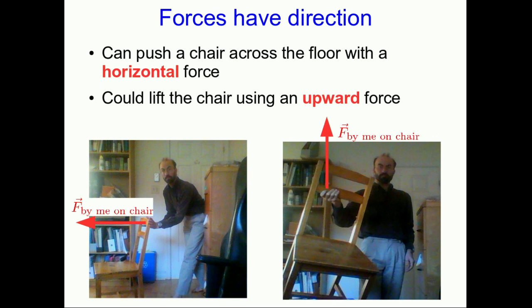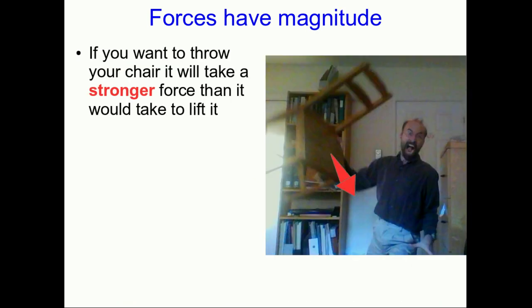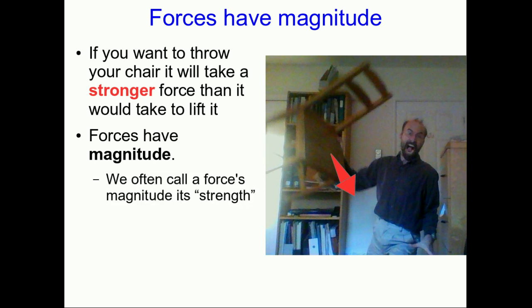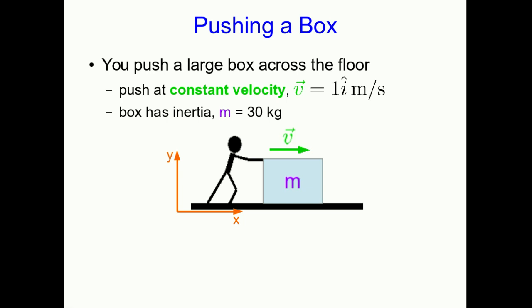But magnitude, or the strength of the force, also matters. If I want to throw the chair, then I'm going to have to exert a stronger force than it would have taken to lift it. So forces have a magnitude, which we often call their strength. So forces have direction and magnitude. They are therefore vectors.